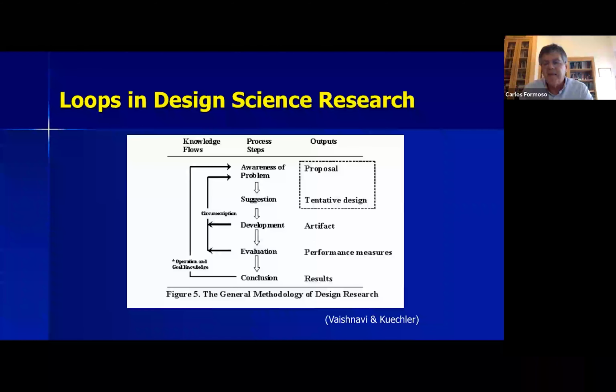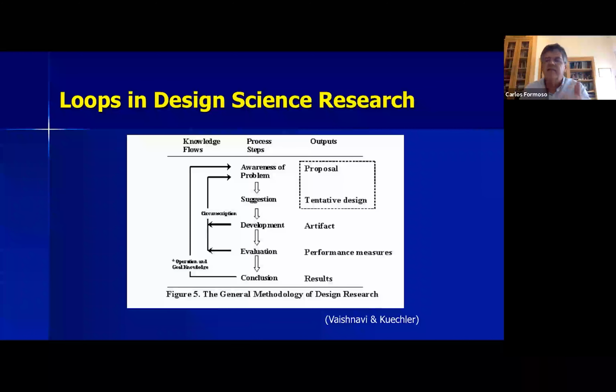These are some maps of the design science research process. I find it interesting to show that so that I make clear that it's not a linear process. So, understanding the problem, devising the solution, evaluating the solution, and so on.